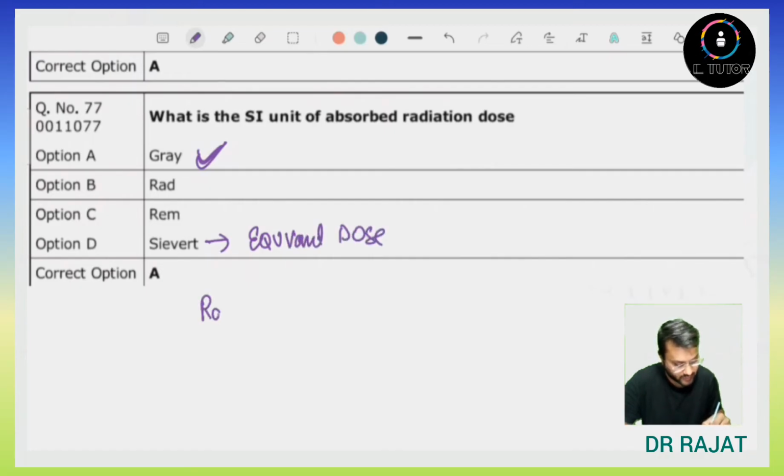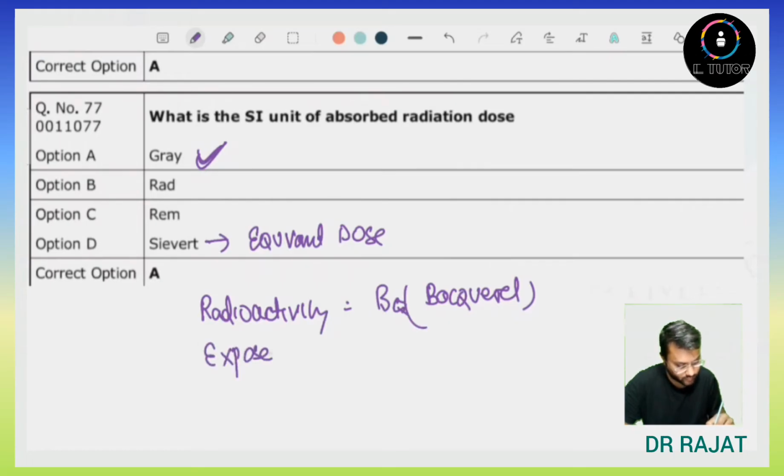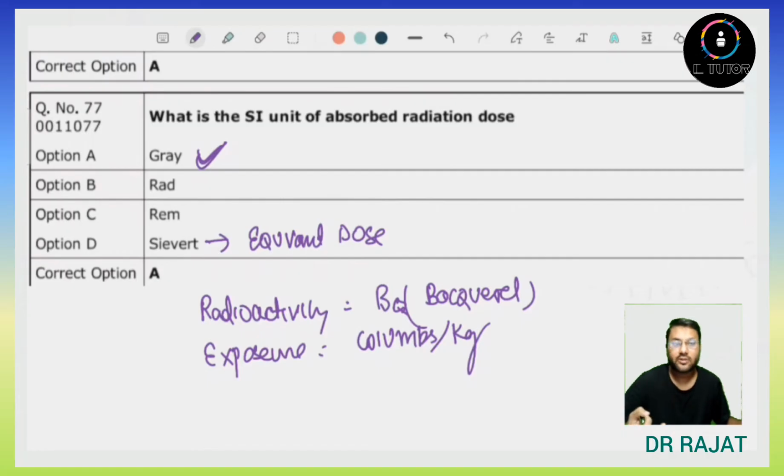If we talk about radioactivity, then it is becquerel. For exposure, it is coulombs per kg. Then for absorbed radiation dose it is gray, and for equivalent dose it is sievert.